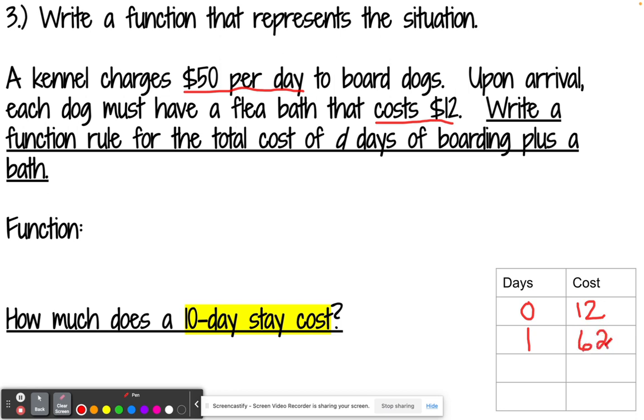If I stay 2 days, it's going to be $100, 2 times 50, plus that $12, so $112. If I say 3 days, that's going to be my 3 times $50, $50 every day, plus my $12, so that's going to be $162.